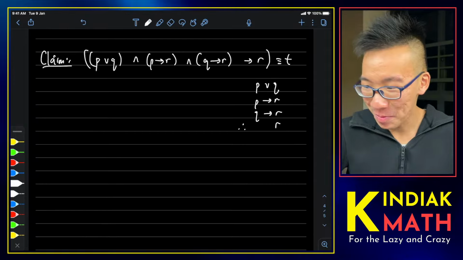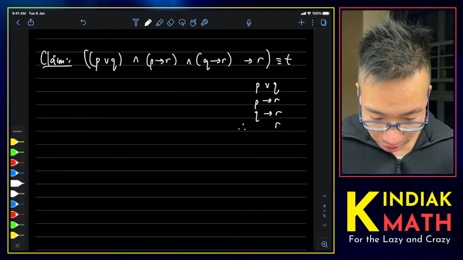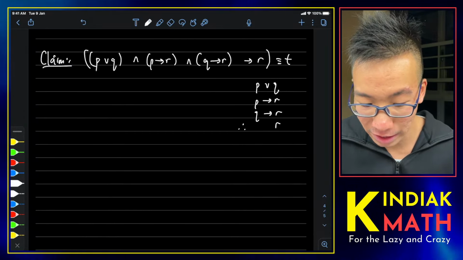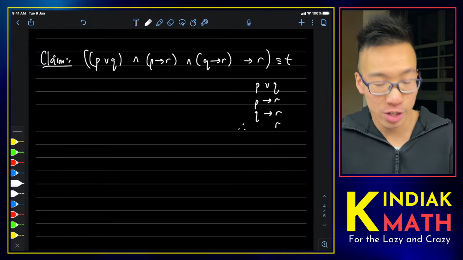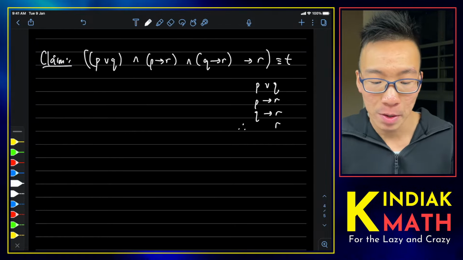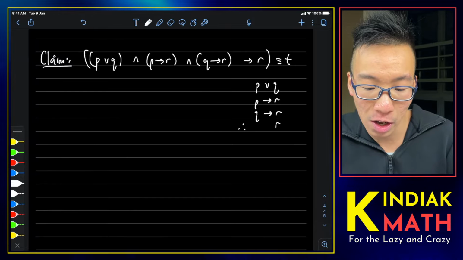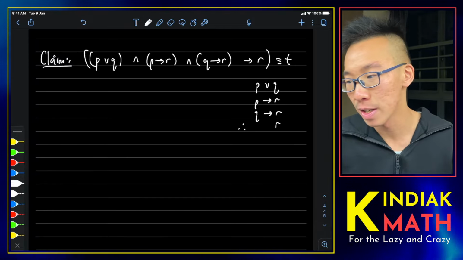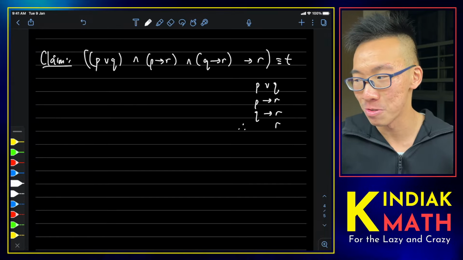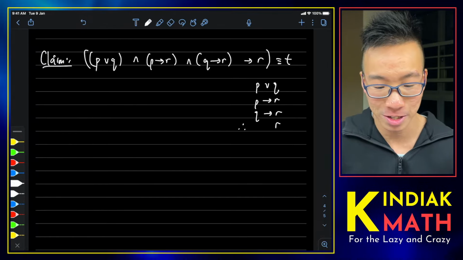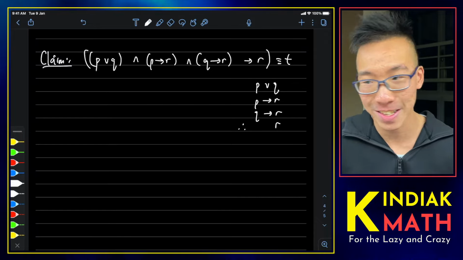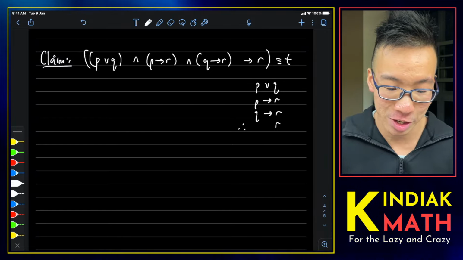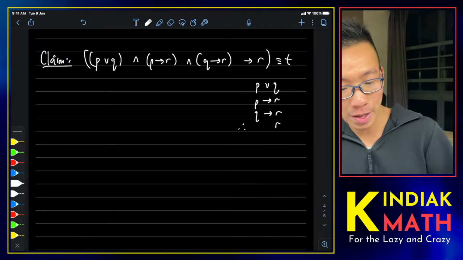Thanks, appreciate it. Now, this is the claim, and we can actually go ahead to prove the claim. I might try to prove it using truth tables, but this is going to be a really tedious calculation. Well, let's give it a shot.